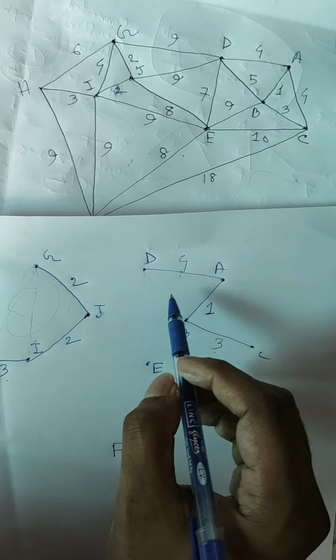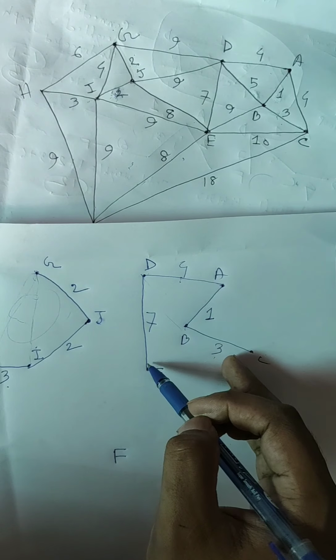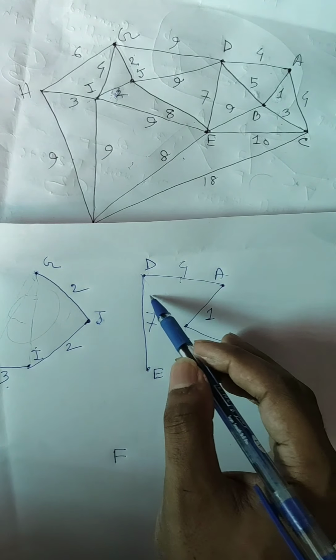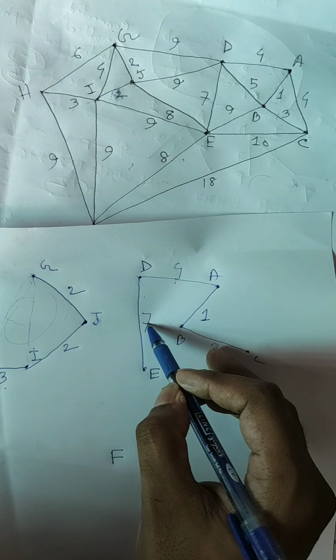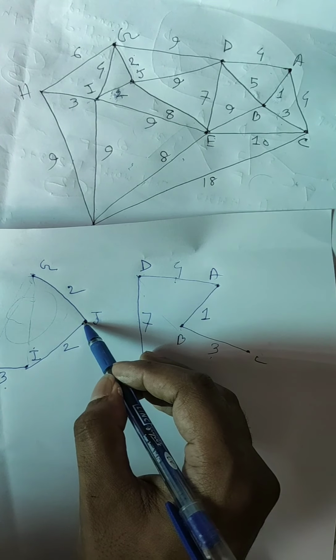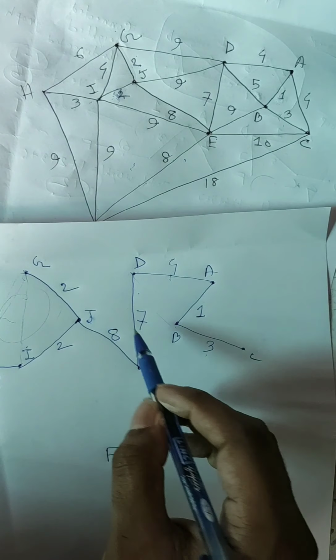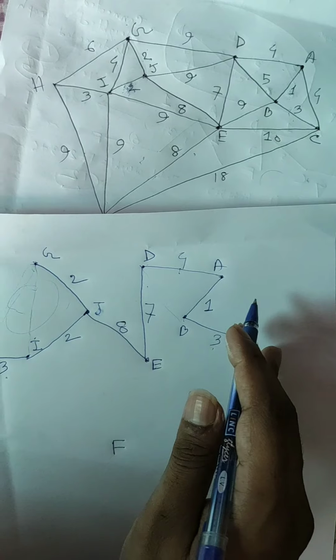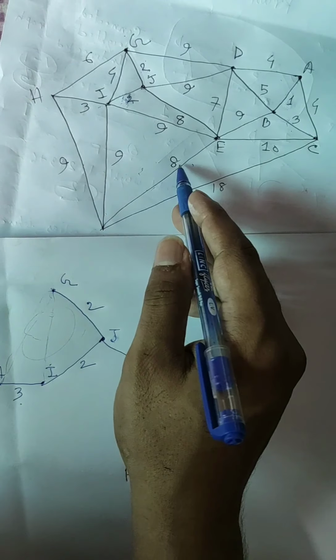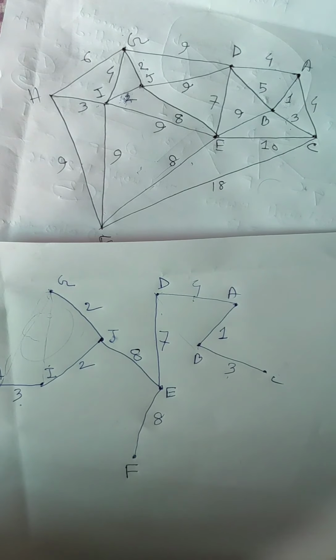If we take this 7, does any loop exist? No. So we can take this edge. Then if we take this edge, 8, the minimum 8, does any loop exist? No. And we can also take this.